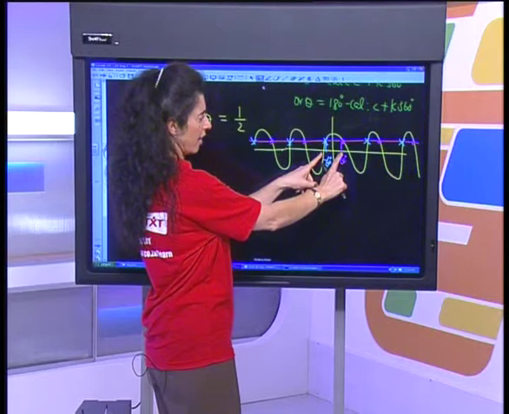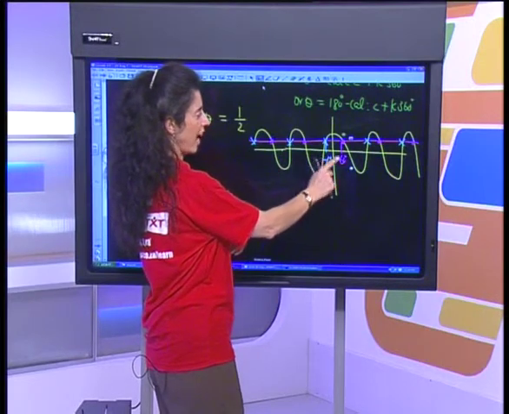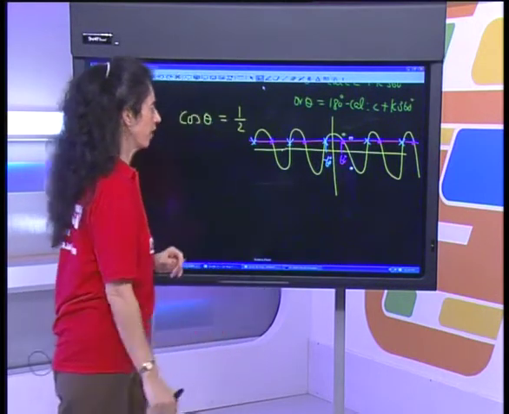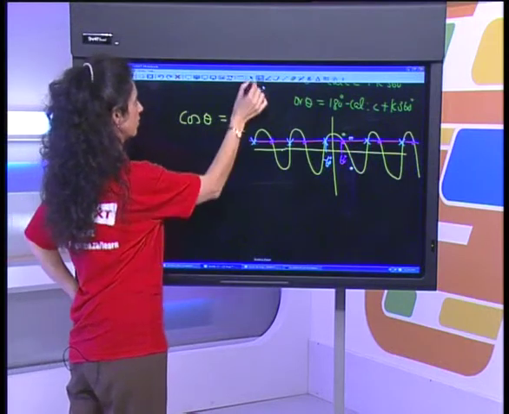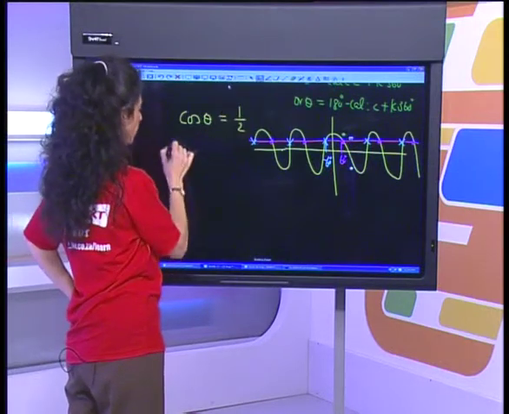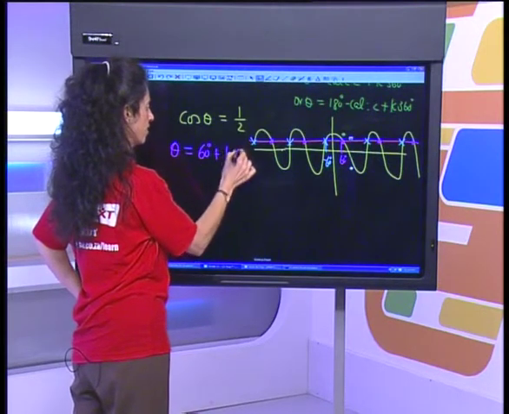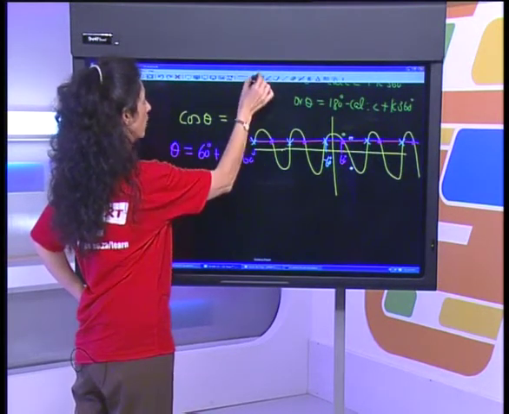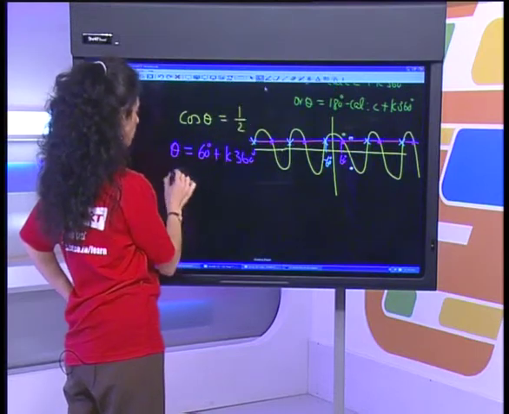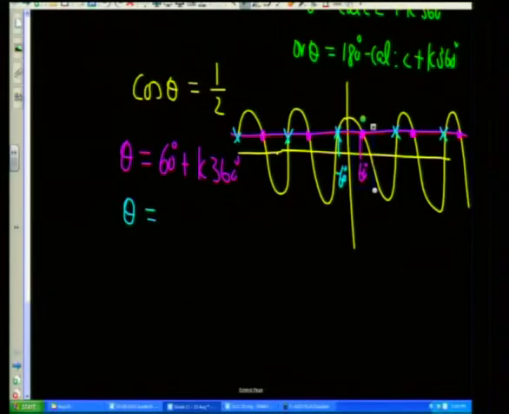All I need to do is to take the calculator angle, and I need to then take the additive inverse of it, which is really great. So our thetas that are purple would be 60 degrees plus k360, and our blue ones, we don't even have to think about it, because cos is symmetrical about the y-axis, would be minus 60 plus k360.